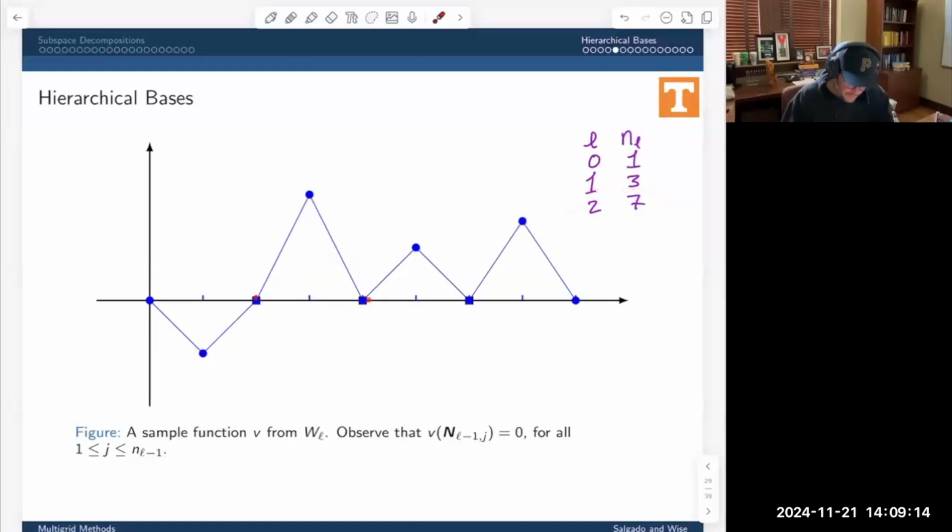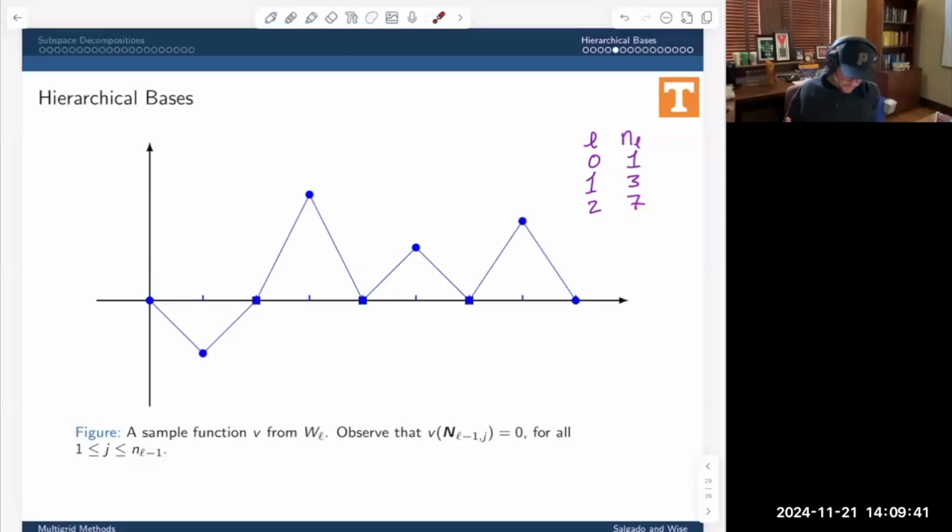So the dimension is no longer 7 for W2. It's going to be 7 minus 3, because I punched out 3 of those nodes. Is the dimension 4? 7 minus 3. 1, 2, 3, 4. Those are the only places where it can actually have non-trivial values. So we've got to come up with a basis which has 4 elements in it.